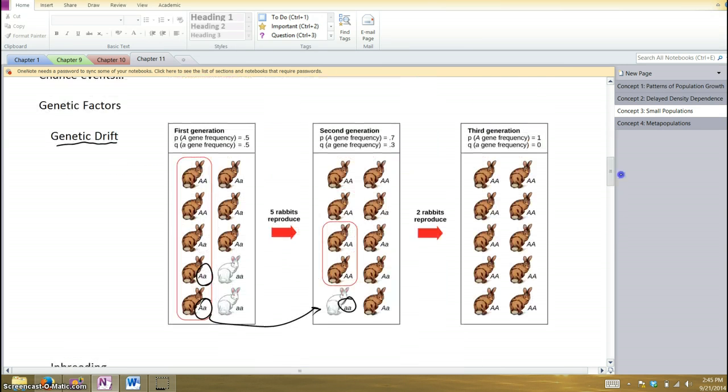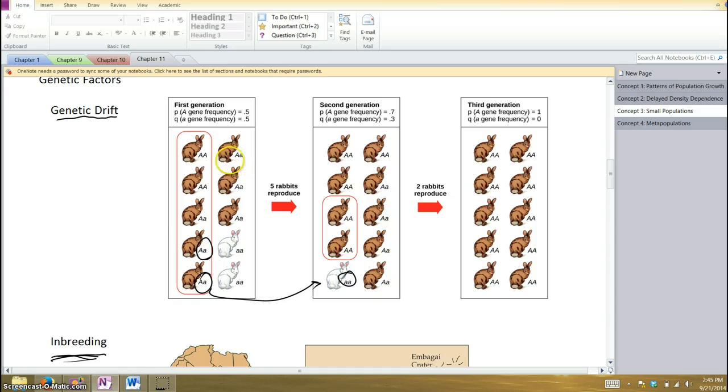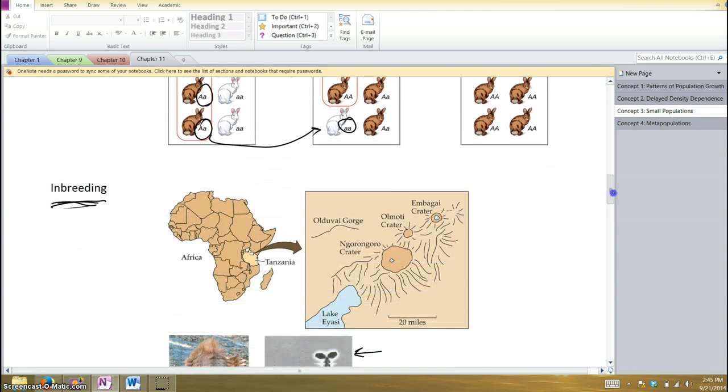So up here, if you had a population of 100 rabbits, 20% of them were white, and only 50% of them bred, and if it was random, there'd be a pretty good chance that at least some of those 50% would be white. Whereas when it's a small population, there's a greater chance that if it's only 50%, those two white rabbits might not be involved with mating. Does that make sense, I hope?